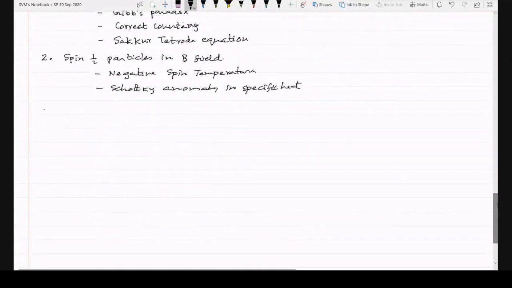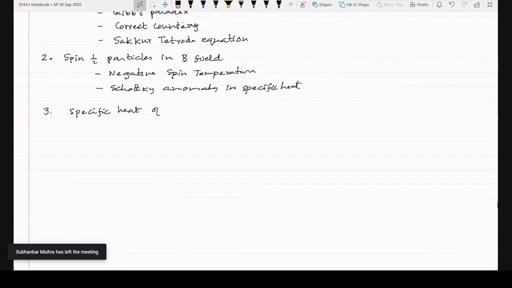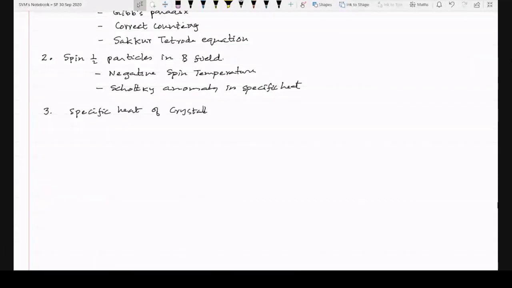The third application that we looked at was the specific heat of crystalline solids. In this, we did first Boltzmann's theory of what we call the Dulong-Petit law.